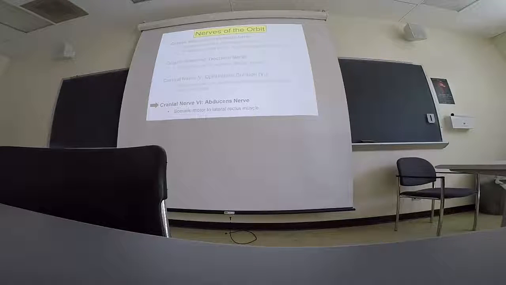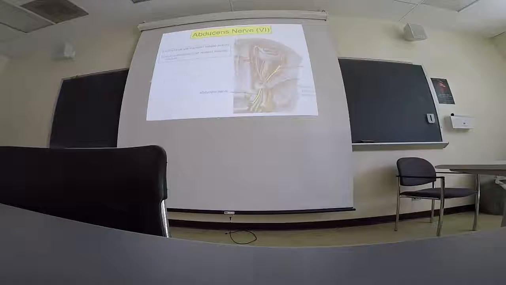The last important nerve in the orbit that you should look for is the abducens nerve, and it can be pretty difficult to find. The abducent nerve in the middle cranial fossa was sort of hanging off the clivus. You may have seen it there. You should have seen it there. It also goes through the superior orbital fissure along with a lot of these other cranial nerves.